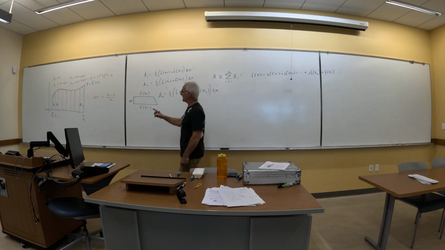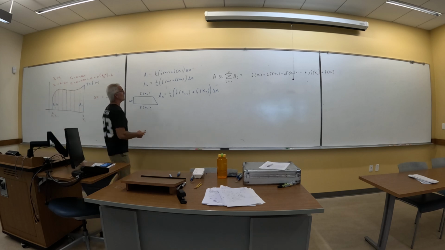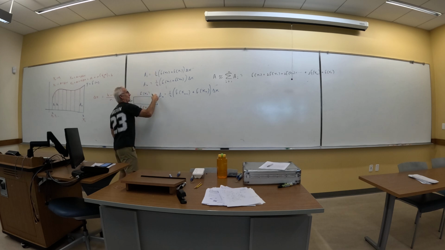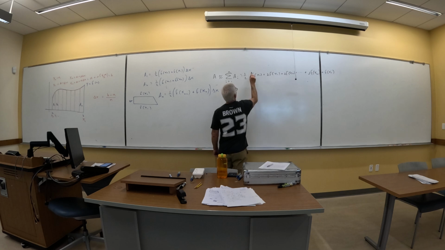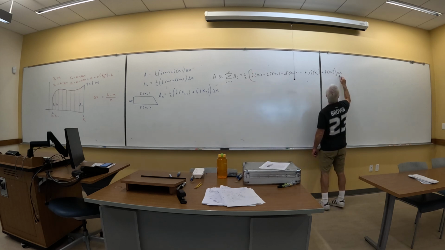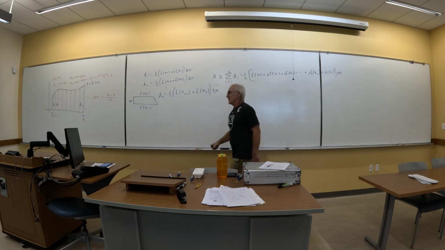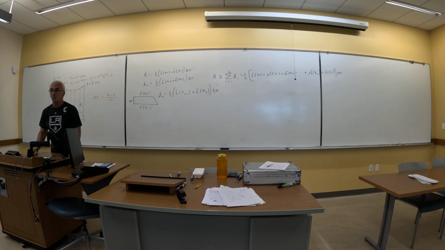Because the last height and the very first height are only going to show up in one trapezoid. Every other height's going to show up in 2 trapezoids. What else is common to every term? 1/2 and delta x. What we're going to see is, even with small values of n, this is a really incredible estimator.